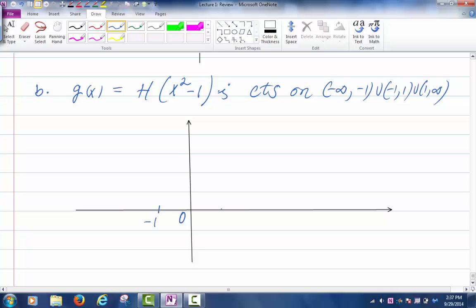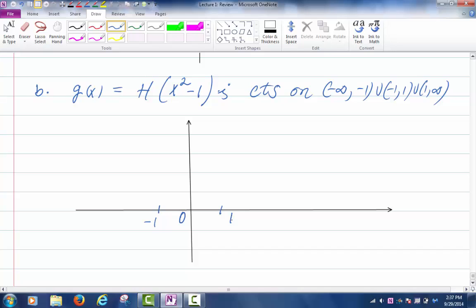That's where negative 1 is, and that's where positive 1 is. What's the value of g at negative 1? When x is negative 1, x squared minus 1 is what? 0.